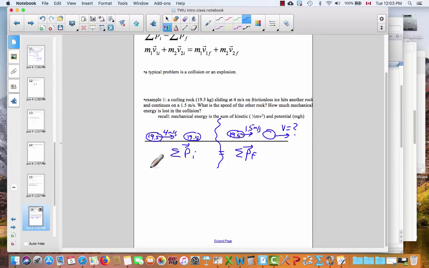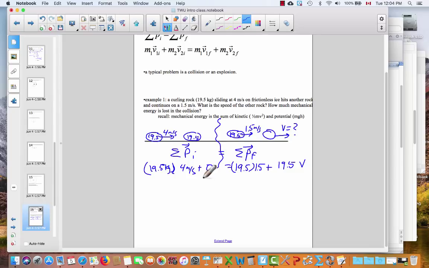So total initial momentum, so we'll have 19.5 kilograms here, moving at 4 meters per second, and then zero momentum for this other object. On the final side, that 19.5 kilograms moving at 1.5, and now we'll introduce an unknown plus 19.5 V. So 19.5 times 4, that's going to be 78.